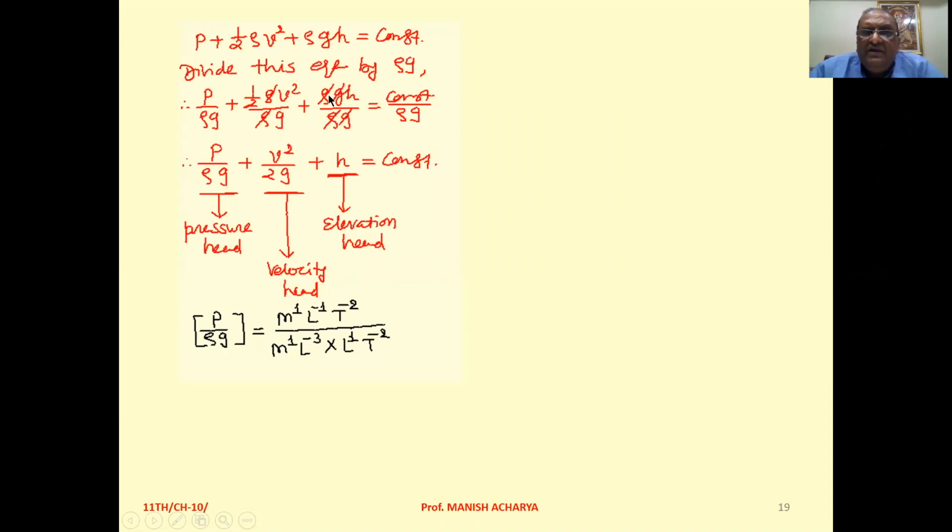Here rho g cancels, so only H will be there. Rho cancels, so you get V square by 2g, and here P by rho g. Now in this equation, the first term P by rho g is called pressure head. V square by 2g is called velocity head, and H is called elevation head.